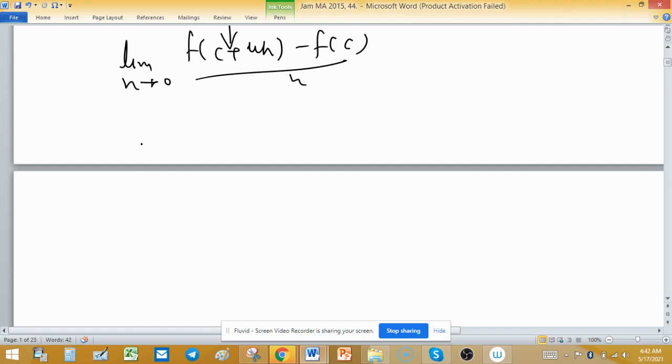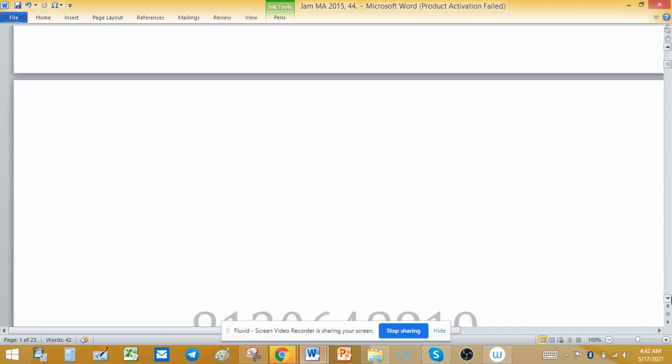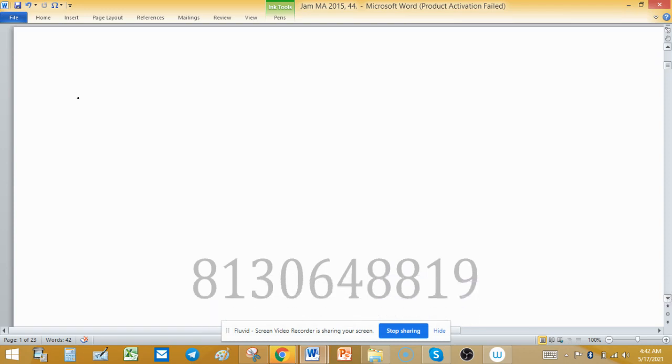So we are going to find the directional derivative at (0, 0), so the value of c is the origin. Limit h tends to 0 of f of (0, 0) plus h times the u vector, where u is cos alpha i hat plus sin alpha j hat.